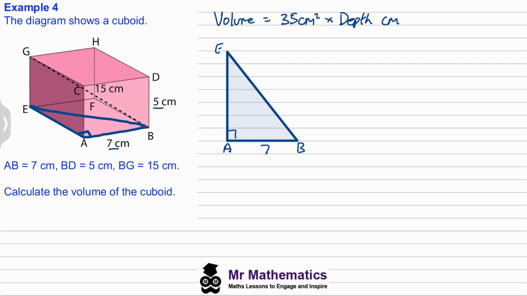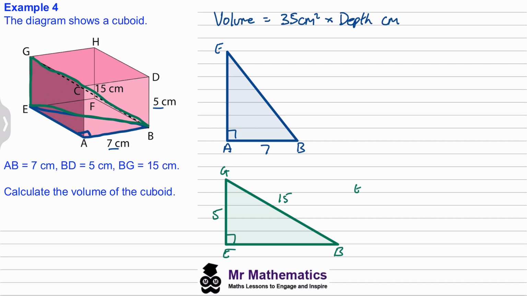And we can do this with G to E to B, because we've been given that hypotenuse. So E to B, we don't know. We know the hypotenuse is 15, and we know the height is 5. This length is the same as this one.